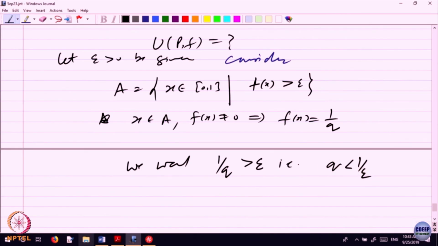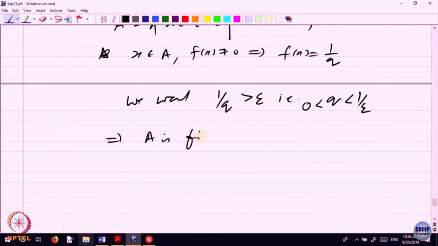How many q's are possible? q is positive, so q is bigger than 0 and less than 1 over epsilon, and epsilon is fixed. There are only finitely many, not countable, only finitely many natural numbers. So that implies A is finite.